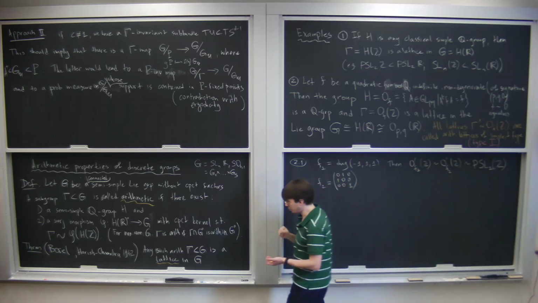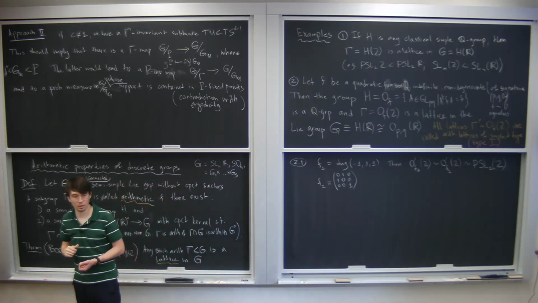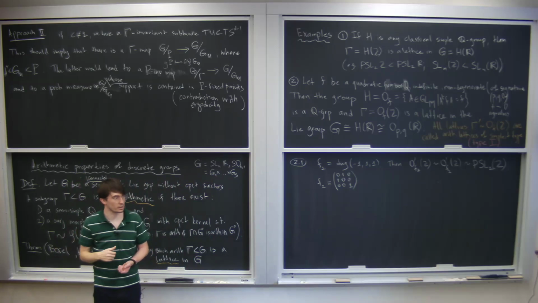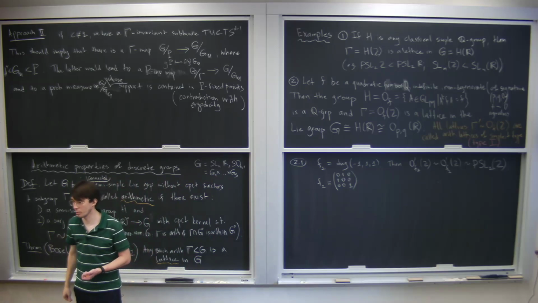In fact, there is the following theorem: any non-uniform arithmetic lattice in Isom(H^2) is commensurable with PSL2(Z).